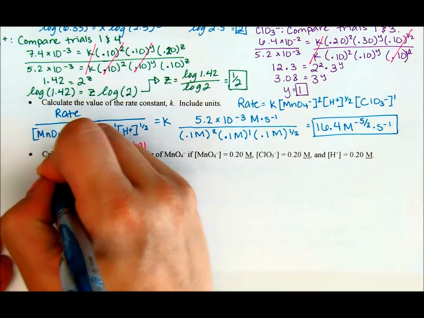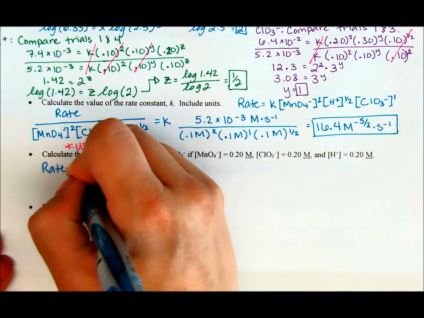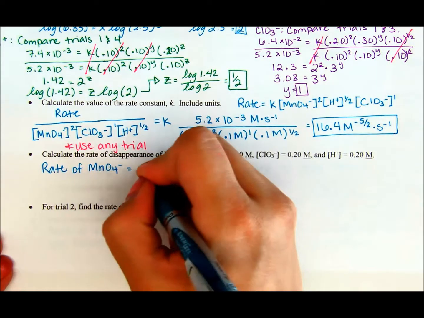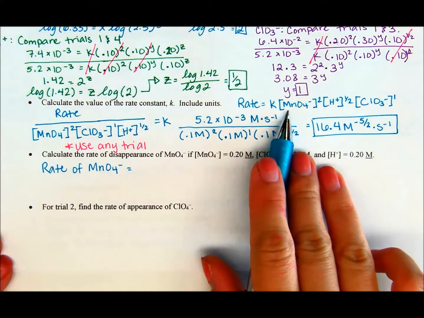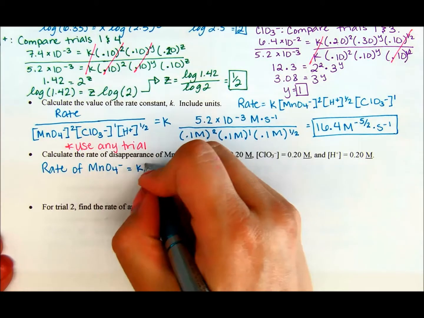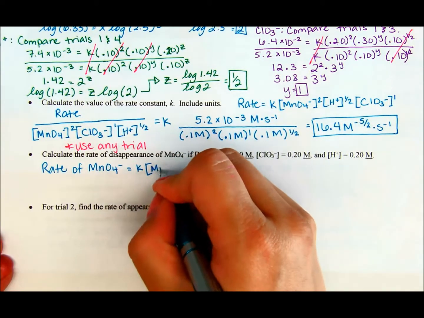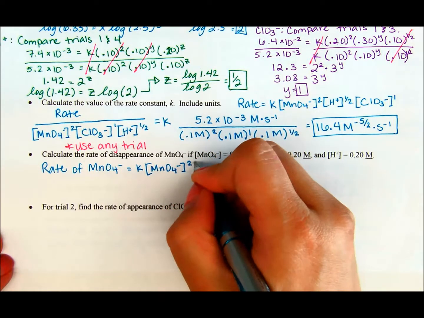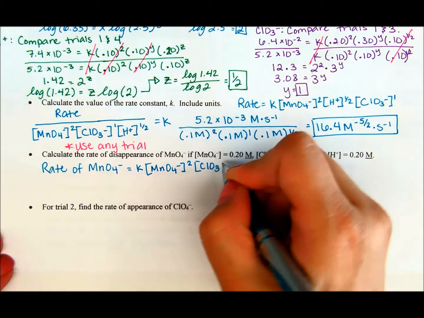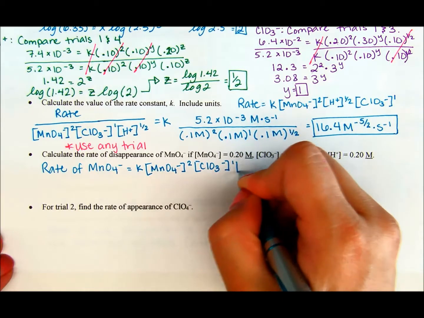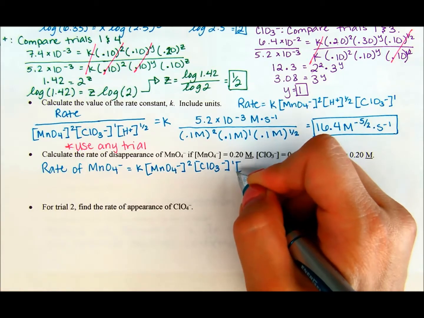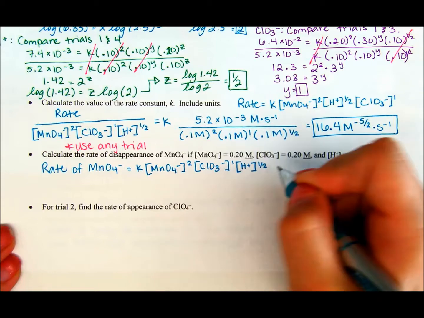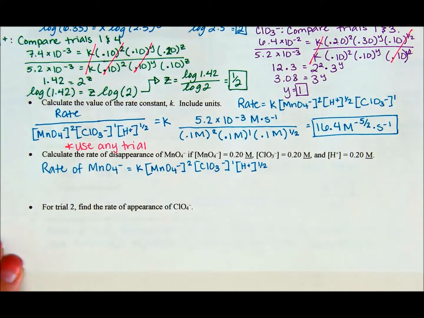So the rate of MnO4- disappearance, we're just going to use that rate law again, equals K times, I'm just going to copy it down, MnO4- squared, ClO3- the first power. And you don't have to write the 1 if you don't want to for the first power. I'm just writing it. H plus to the 1/2. I'm just writing that for clarity to show you.